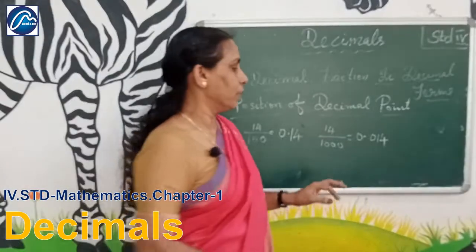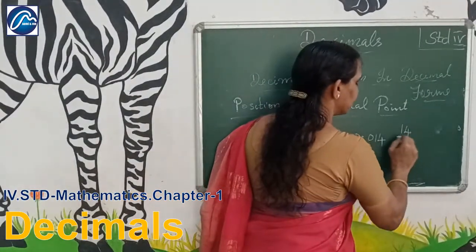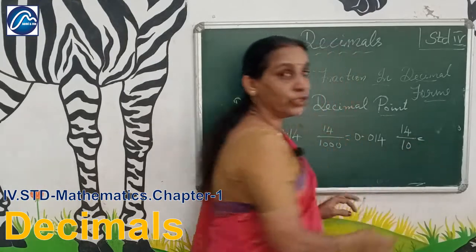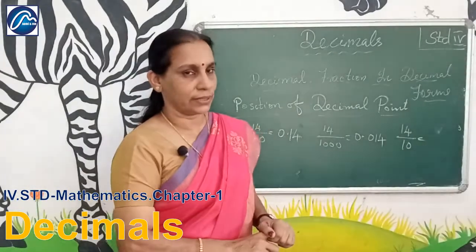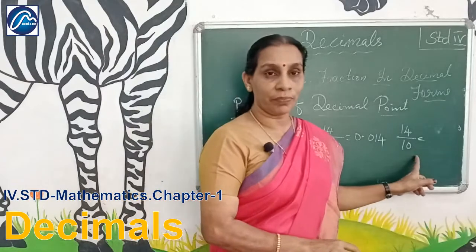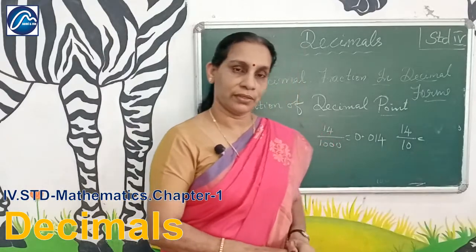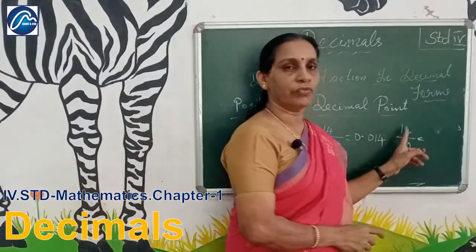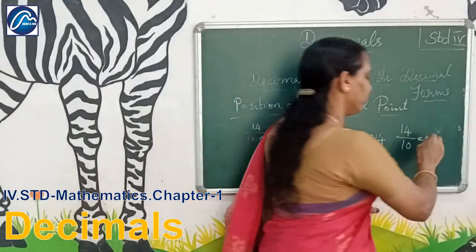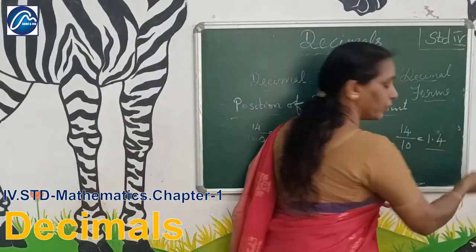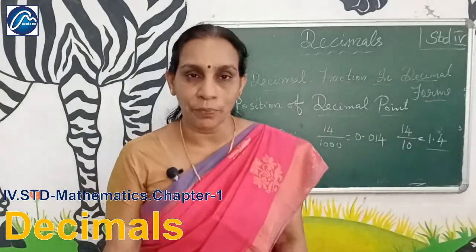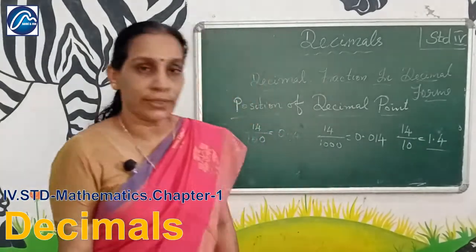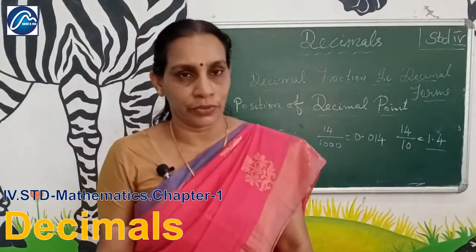Okay. Suppose it is 14 by 10. We need only 1 place after the decimal, so we write it as 1.4. 14 by 10 is 1.4. Okay, clear?